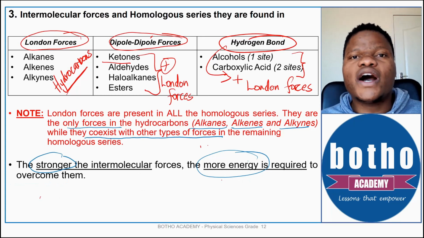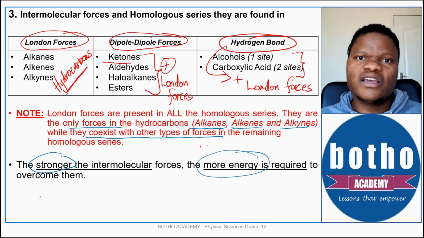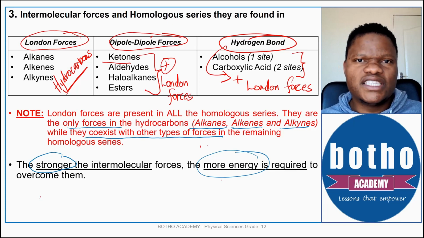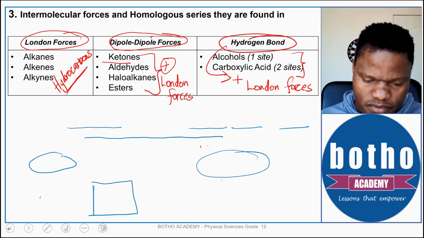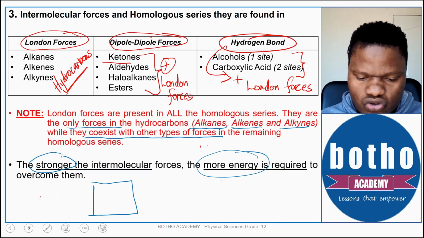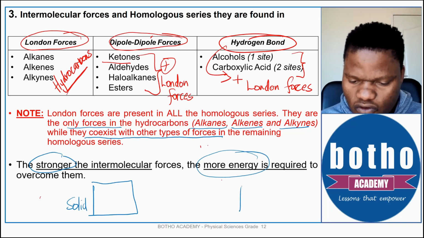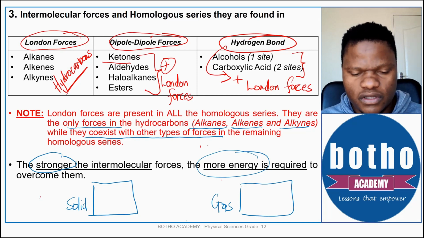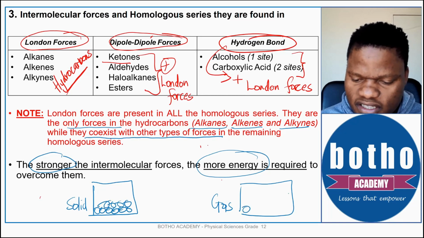Why do we need to overcome the intermolecular forces? So that boiling can take place. If you remember, in grade 10 you used to draw particles for solids, and also for, let's say, gas. I'm not going to put liquid there. For solids, you say the particles are packed closer to each other, whereas for gas they are far apart.